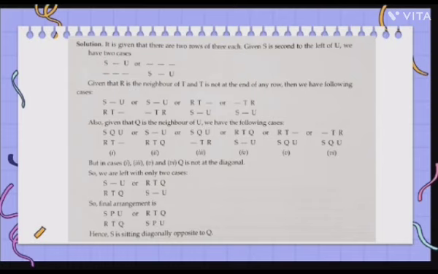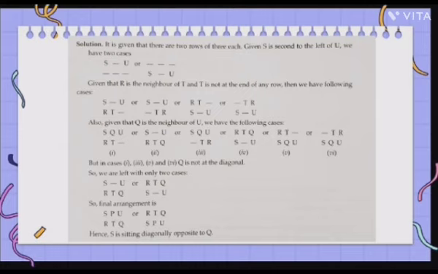And also we want that Q is in the diagonal. That means the last. So, picking out all the cases that are applicable, we are left with S, leave a blank space, U in the first row and RTQ in the second row, or RTQ in the first row and S, leave a blank space, U in the second row.